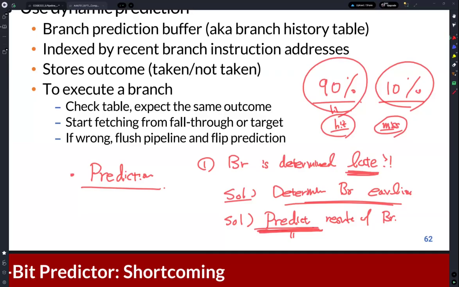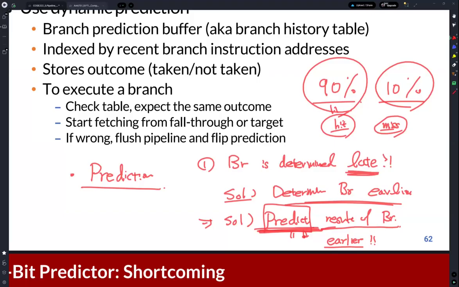So I mentioned that we can predict the result of a branch instruction, which means that we can predict the result of a branch instruction earlier.